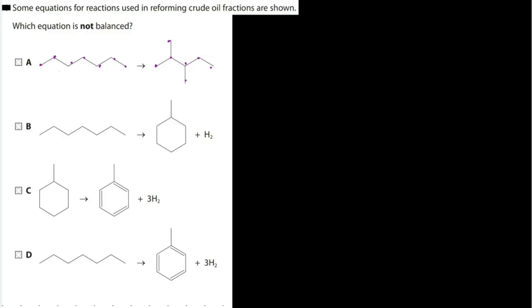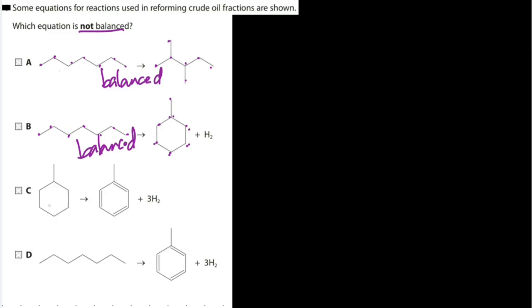So this equation here represents a correctly balanced isomerization. So letter A is balanced. We're looking for not balanced. How about letter B? So we have 1, 2, 3, 4, 5, 6, 7 carbons, and here 1, 2, 3, 4, 5, 6, 7 carbons plus H2. So that means this is balanced.